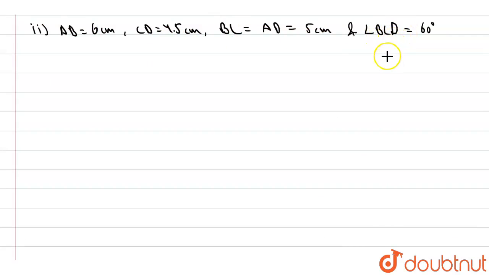It means the angle is below this. Let's suppose we will make BC. BC is 5 centimeter, so draw a 5 centimeter line named BC. This is B and this is C.